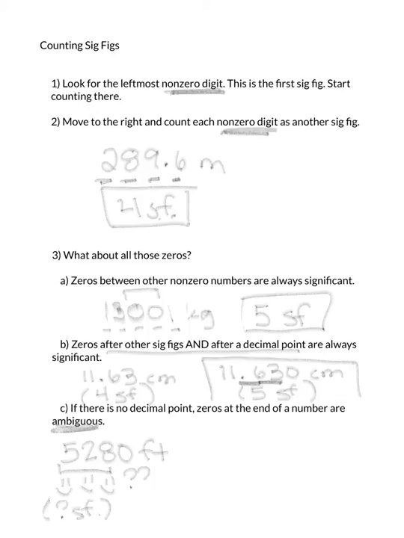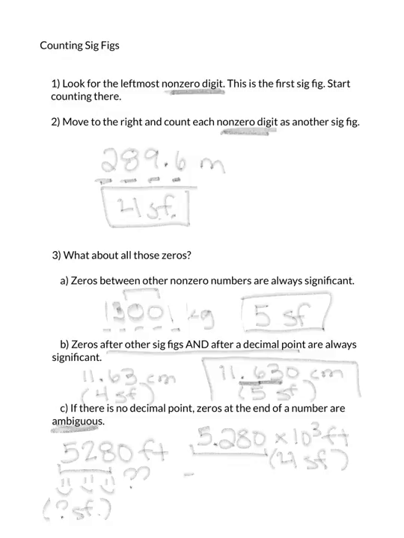Essentially, what you're asking somebody to do is, hey, can you rewrite this in scientific notation for me to give me an idea of how many sig figs there are? So for example, if somebody rewrote that measurement based off of their tool and said 5.280 times 10 to the 3rd feet, you could say that that has 4 sig figs, right? That's just a rule B thing above.